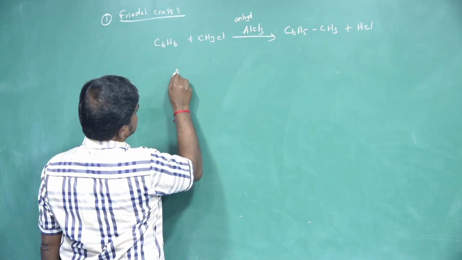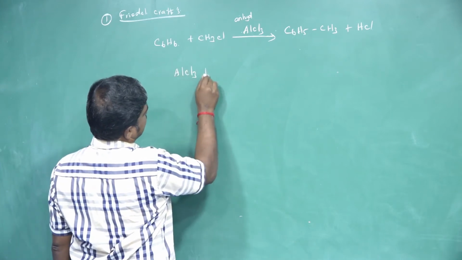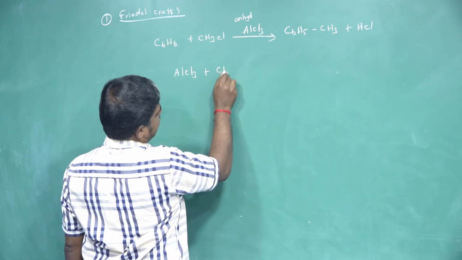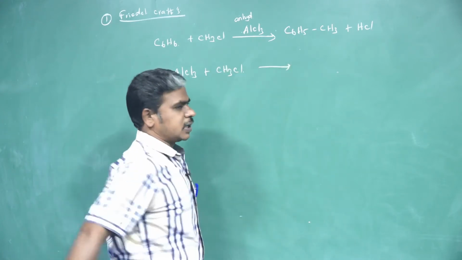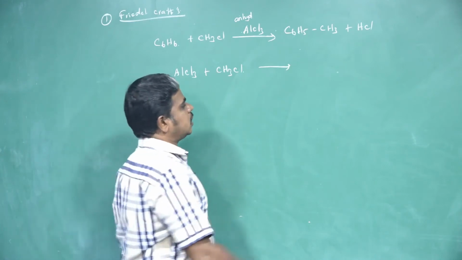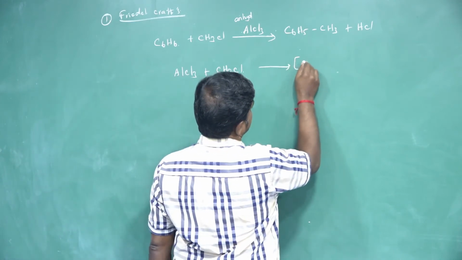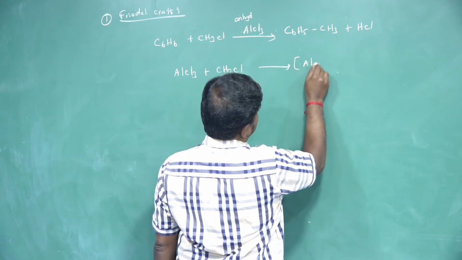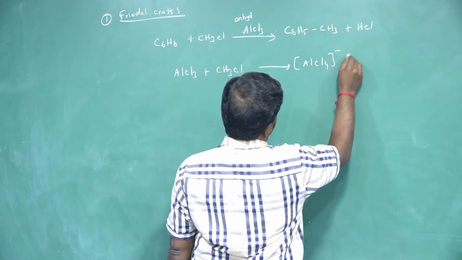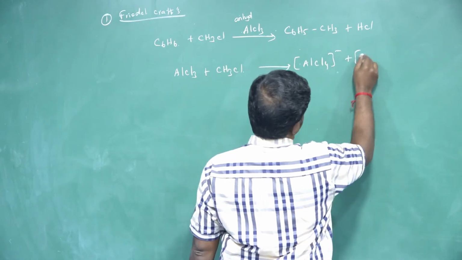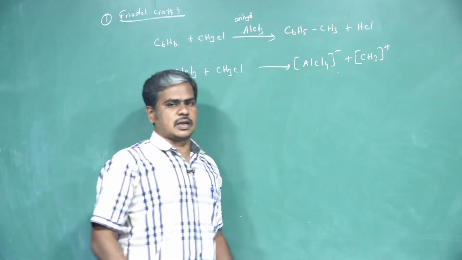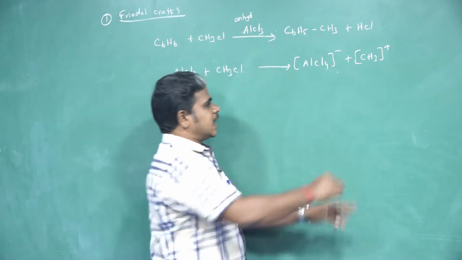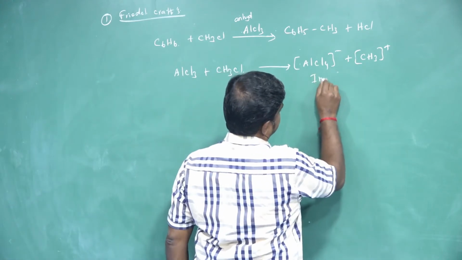So here this AlCl3 reacts with one of the reactants, CH3Cl, methyl chloride, and forms an intermediate. Then here it is AlCl4 minus and CH3 plus. These are the intermediate.